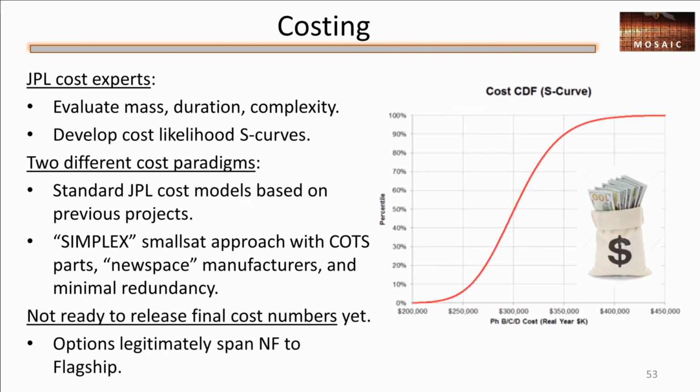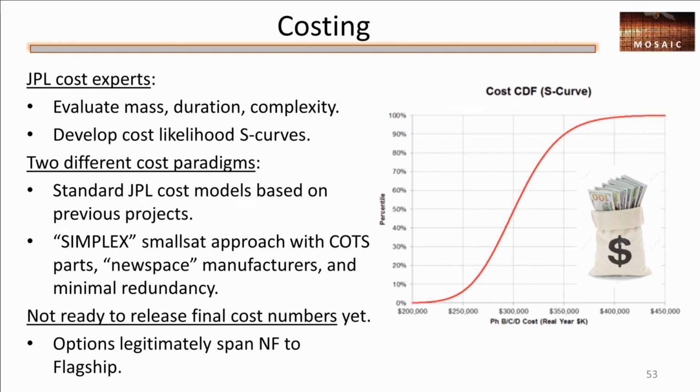Almost done. So costing. Wendy touched on this already, but the JPL cost experts have evaluated the mass, duration, and complexity, and they've developed these likelihood cost S-curves. We're using 2 different cost paradigms, and this is because of the small sat nature of most of the MOSAIC constellation.